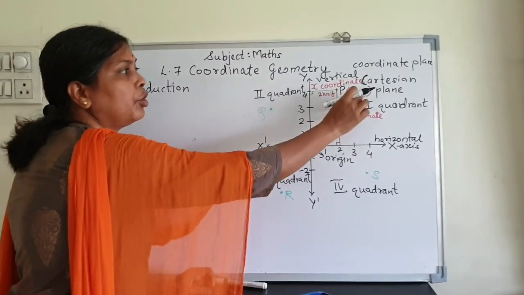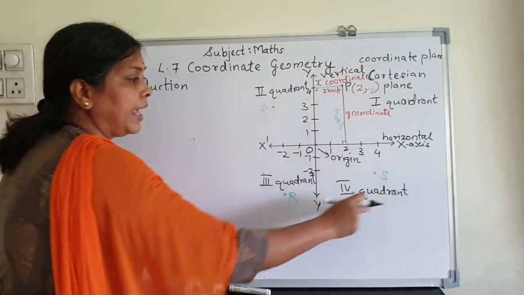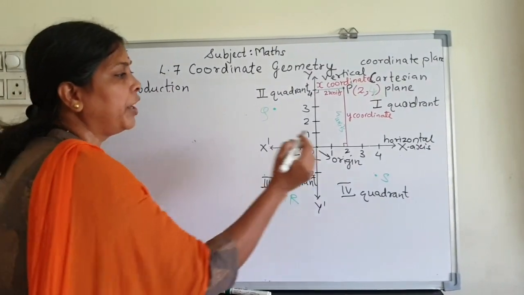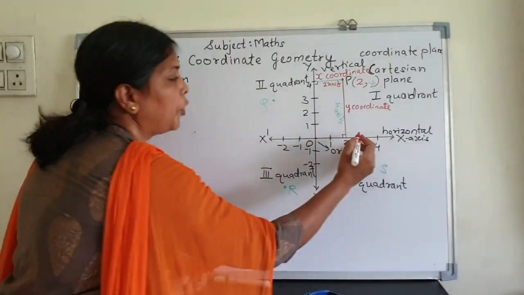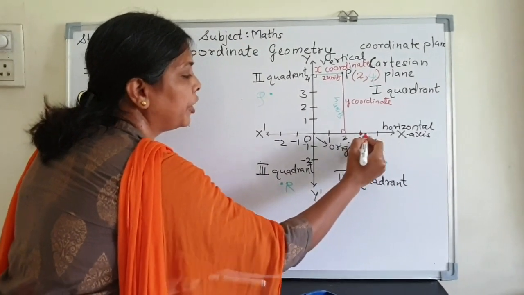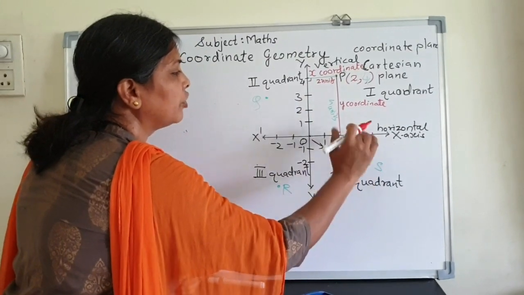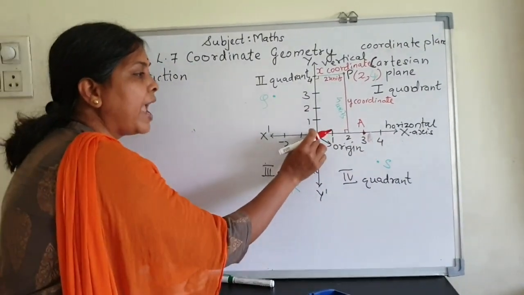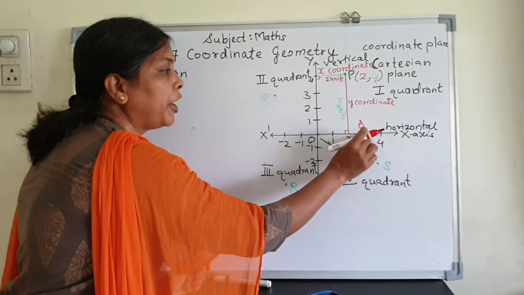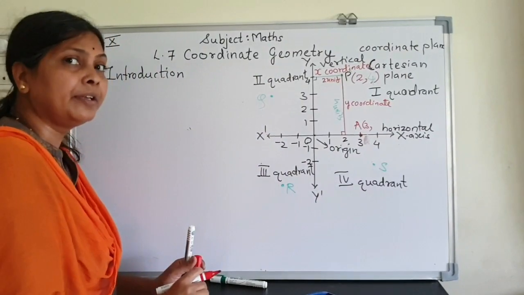So now you understood how to write the coordinates of a given point in the plane. Now suppose the point is here, one point on the x-axis. What will be the coordinates of this point A? You can see from the y-axis the distance of point A is 3 units, so the x coordinate is 3.